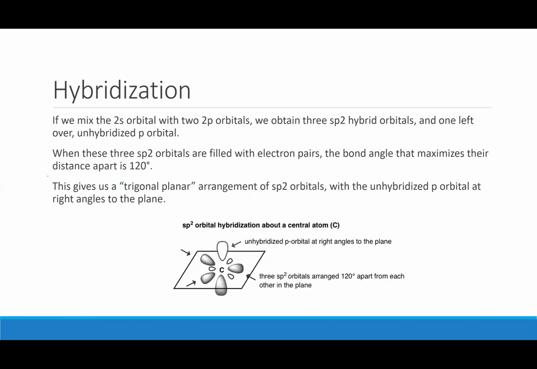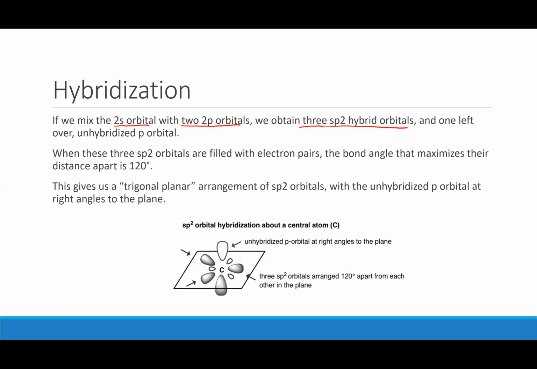So we can mix orbitals in different ways to fulfill different bonding situations. If we combined 1 s orbital with 2 p orbitals, we get 3 sp2 orbitals.